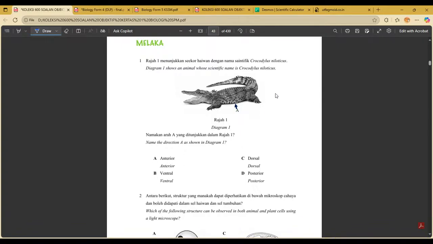Or is it dorsal? Okay, fish. Dorsal fins up here. I think this is the posterior and this is the anterior. So I think this way is the ventral. 1B, yep.